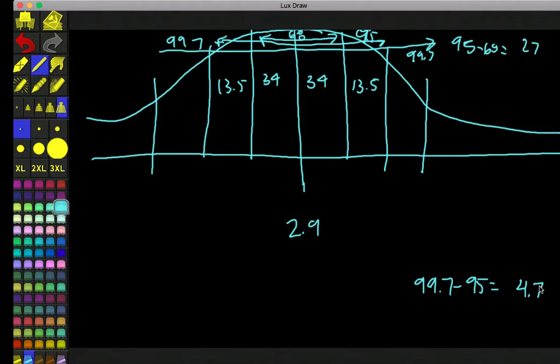And then I divide that by 2. Gives me 2.35. So that's what's in here. Then I have this very last little bit that goes clear to 100, so I'm going to have 100 minus 99.7 gives me 0.3. I divide that by 2 and I get 0.15. That goes right there, and 0.15 goes here.